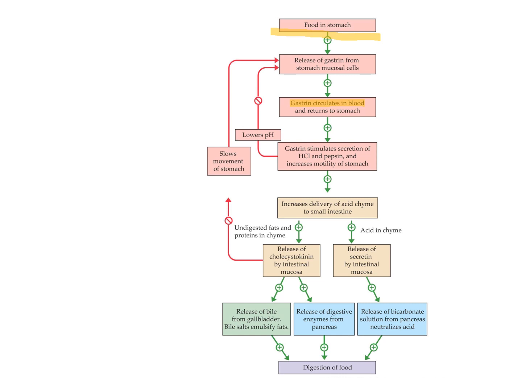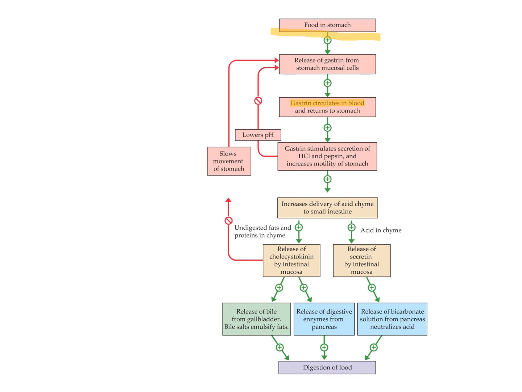The gastrin will stimulate both parietal cells and chief cells to produce hydrochloric acid and pepsin, and also trigger an increased motility of the stomach in terms of muscle contraction.